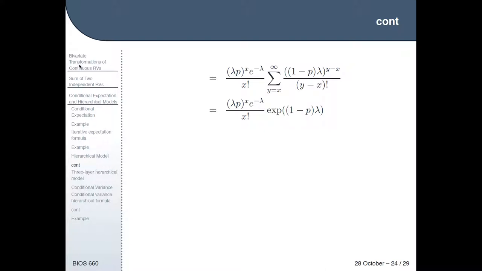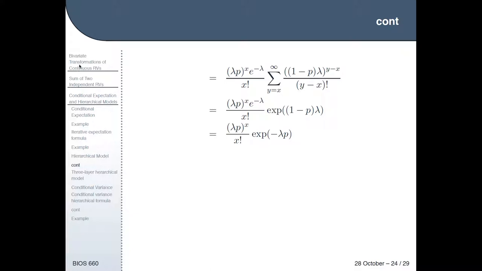If you don't follow that, it might help to rewrite it from y equals 0 to infinity by subtracting x from everything, or you can just take my word for it, that's just a Taylor series there. So you end up with a marginal PDF of x looking like that.